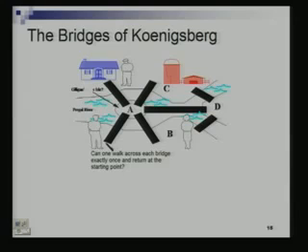So the question is, can you start from here, let's say, or any point? Can one walk across each bridge exactly once and return to the starting point? Why not?